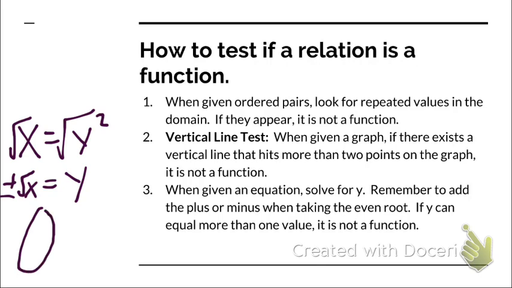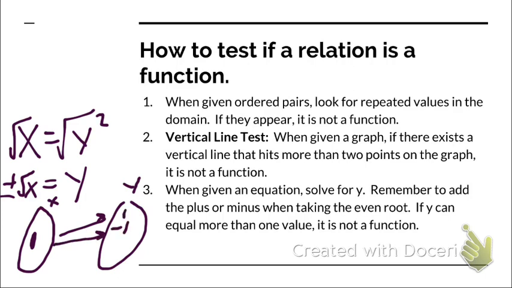Let me plug 1 in for x, so you take the square root of 1, and y now could be negative 1 or positive 1. They have one x value going to two different y values. Or if you plug in 4 for x, y could be 2 or negative 2. So you run into an issue there.